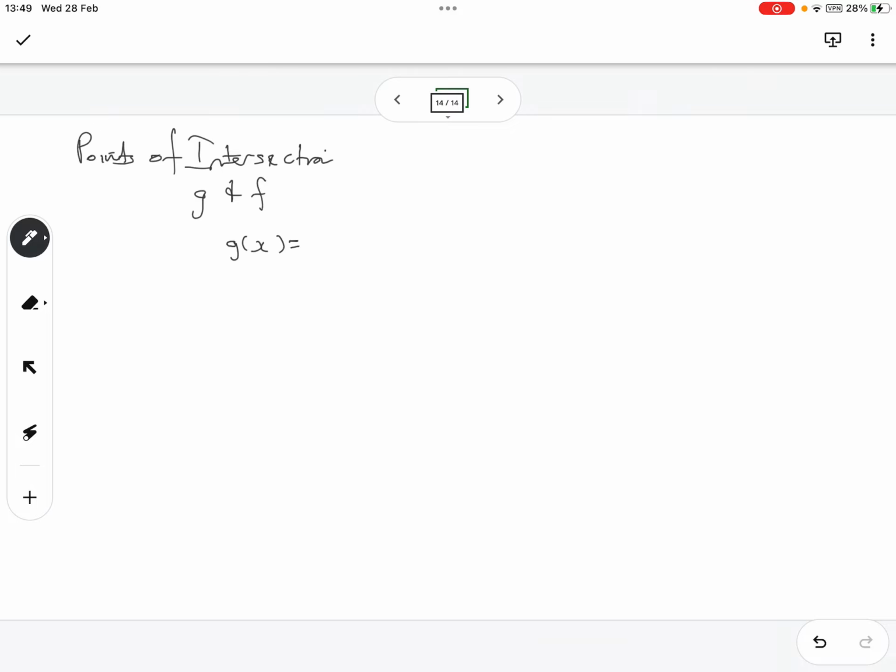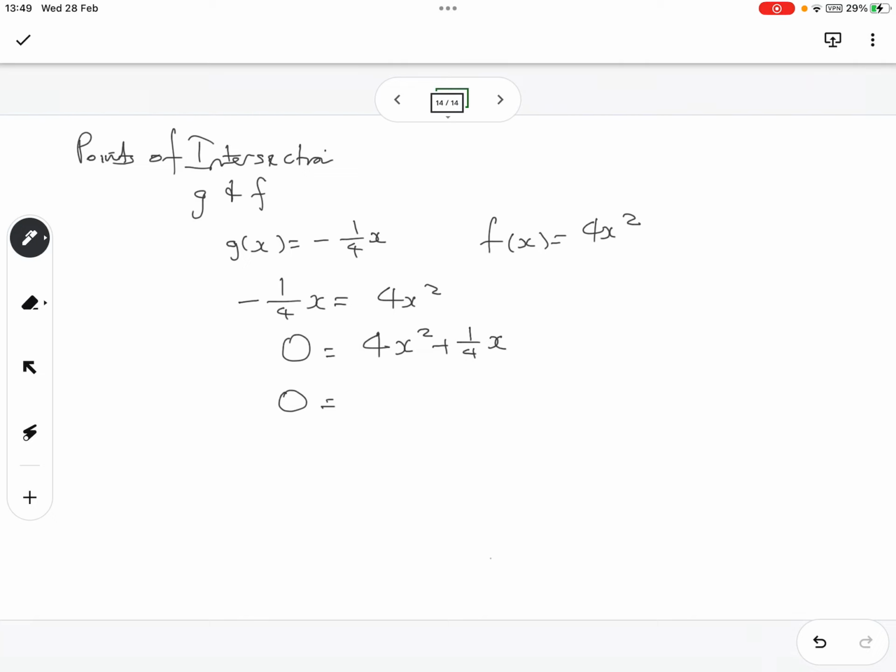I just remembered. So g of x is negative 1/4x, right? And f of x is 4x squared. So you need to find where negative 1/4x equals 4x squared. 0 is 4x squared plus 1/4x.